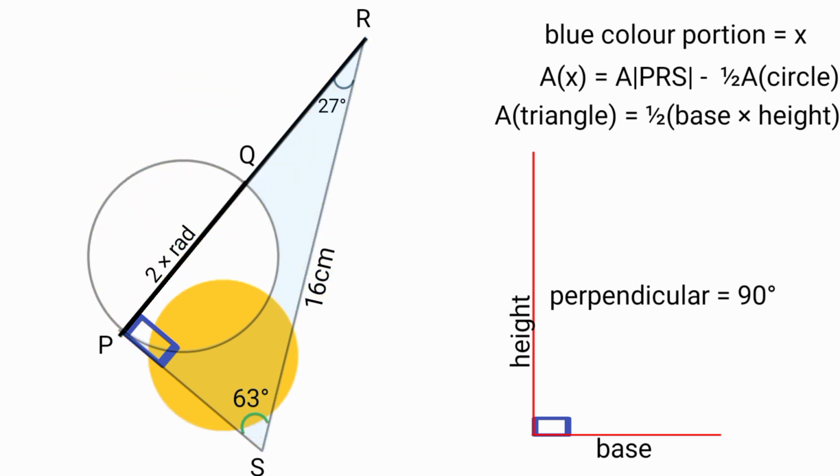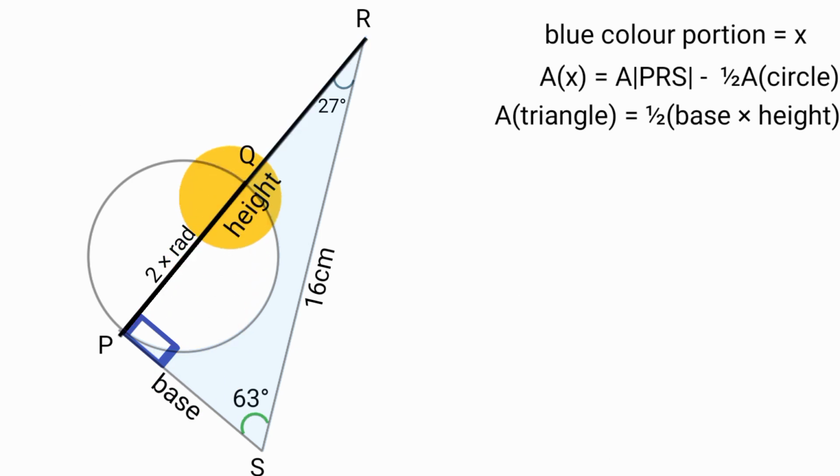So we can take this side PS as the base, and this line PR as the height. Though we don't have their lengths, we have the length of this side RS and the size of the angles of the triangle. So we can use the SOHCAHTOA tool to find the length of the base and the height.